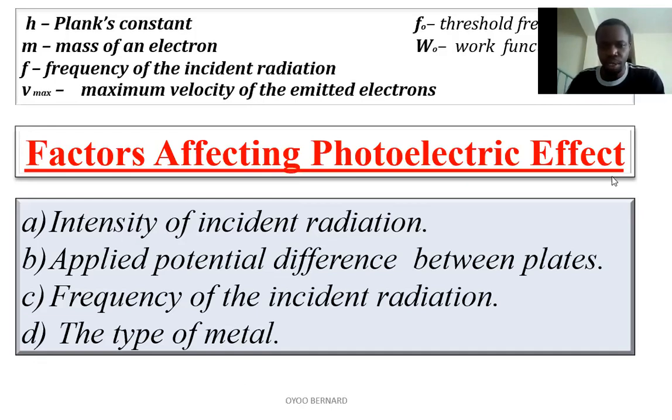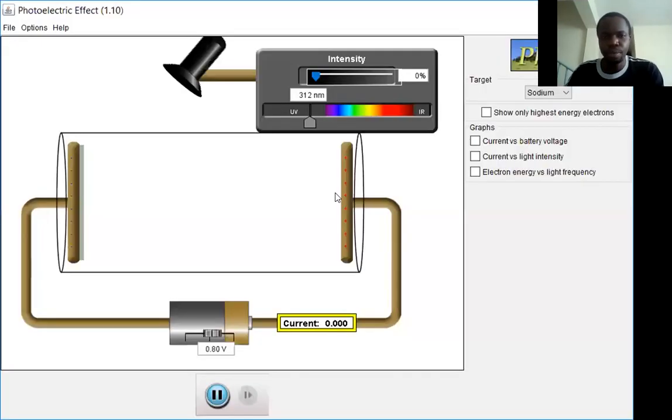At this point, I want us to look at a simulation to help us understand how these factors affect the photoelectric effect. This is from PhET, a very good resource for simulations. There are certain experiments that we may not be able to conduct in our labs because maybe you don't have certain apparatus.